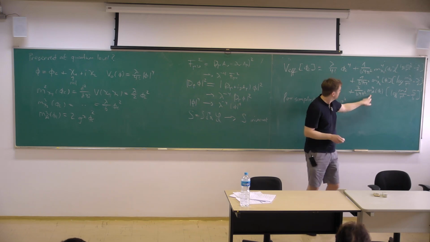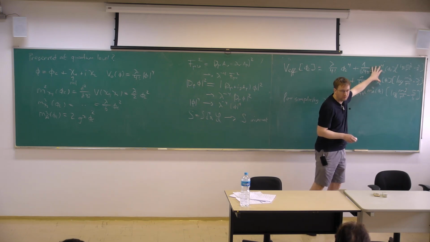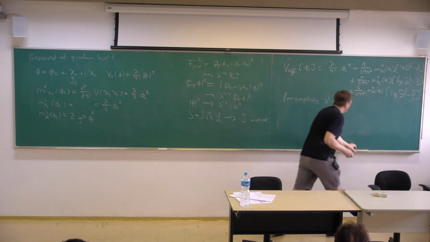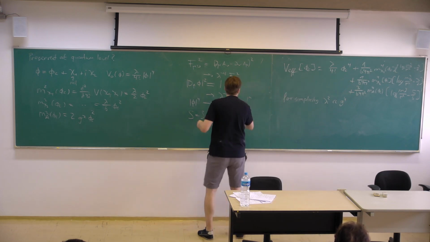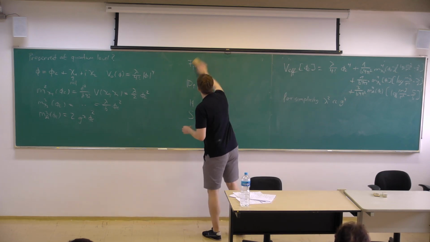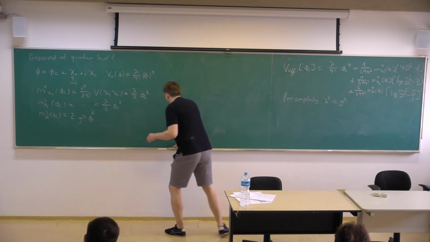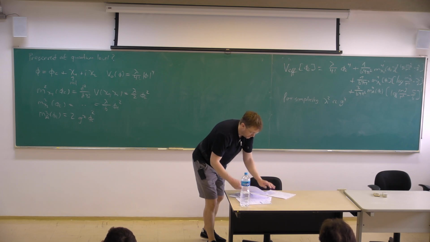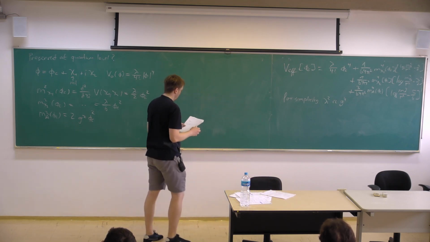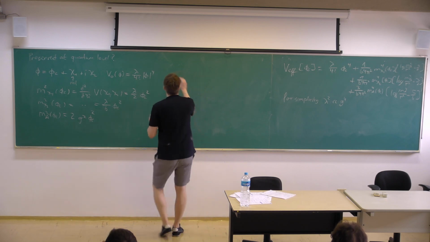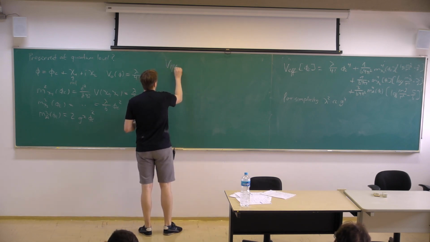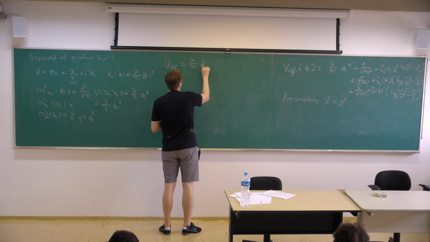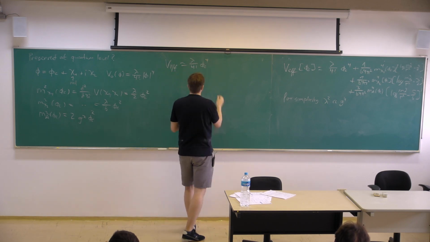The reason for this assumption is I want to get rid of these two contributions. So in this regime these two contributions are small, and the relevant correction to the potential of the scalar field arises from the U1 gauge field. So now I drop these contributions and the potential simplifies a lot.